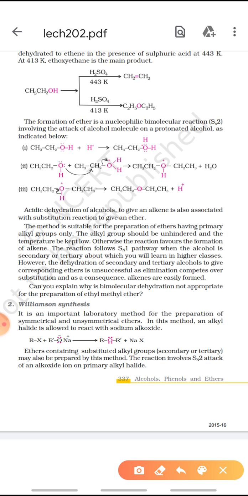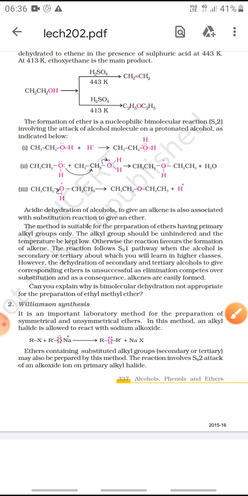Now in this condition, the reaction favors SN2 pathway, and when the alcohol is secondary or tertiary, that you'll learn in higher class, this reaction will be unsuccessful, where elimination competes over the substitution reaction.